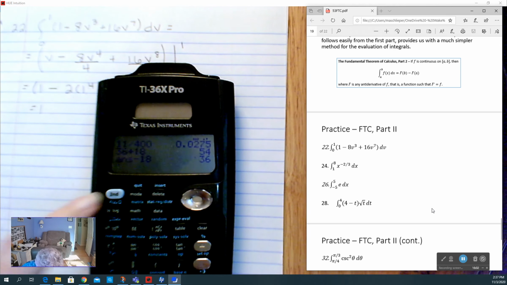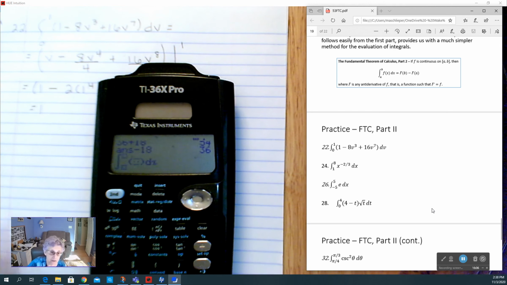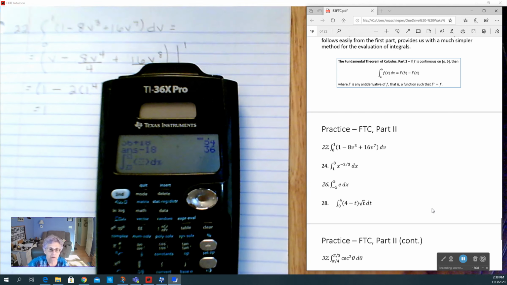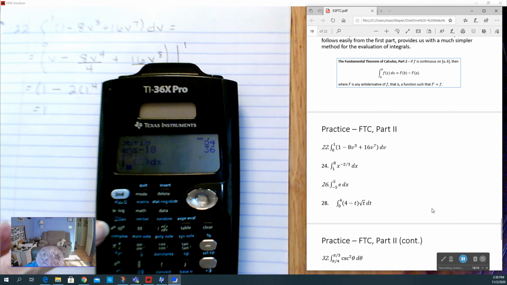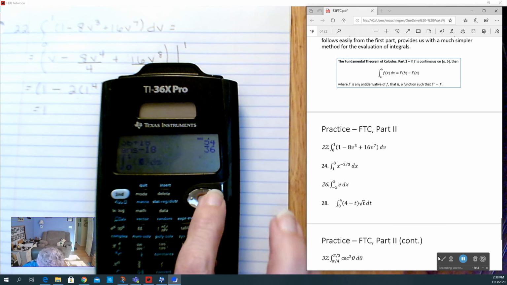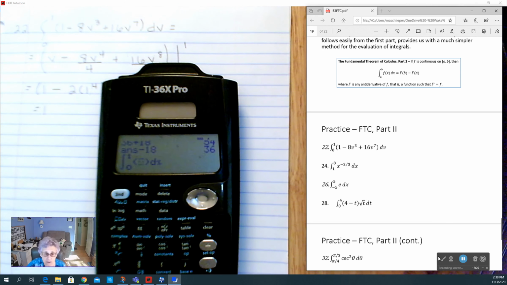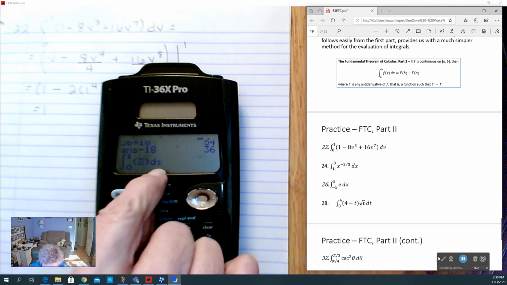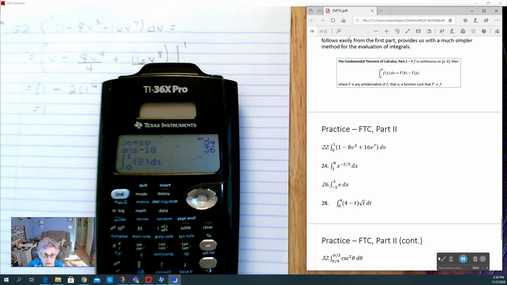Turn it on. Second, integral. Second button here, below the second button. We're going from 0 to 1. Your calculator does not want v's. It has a dx there. It wants x's.